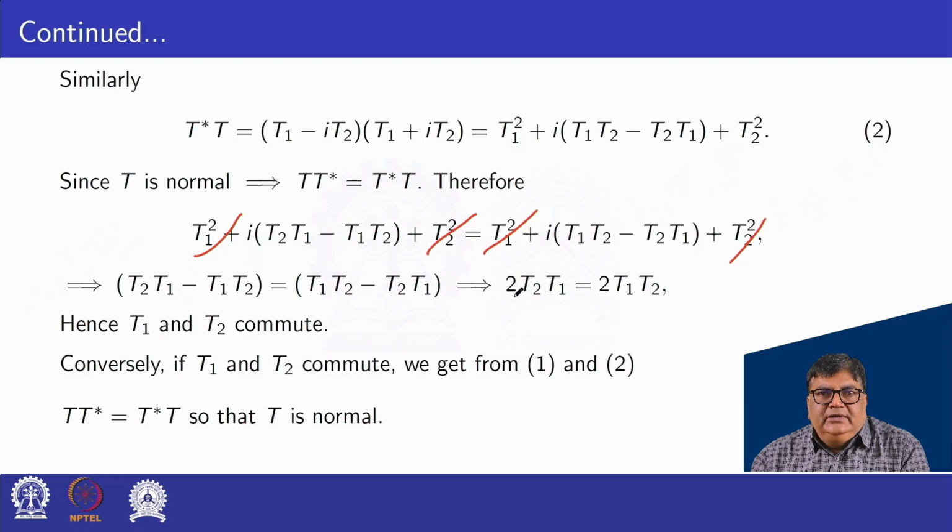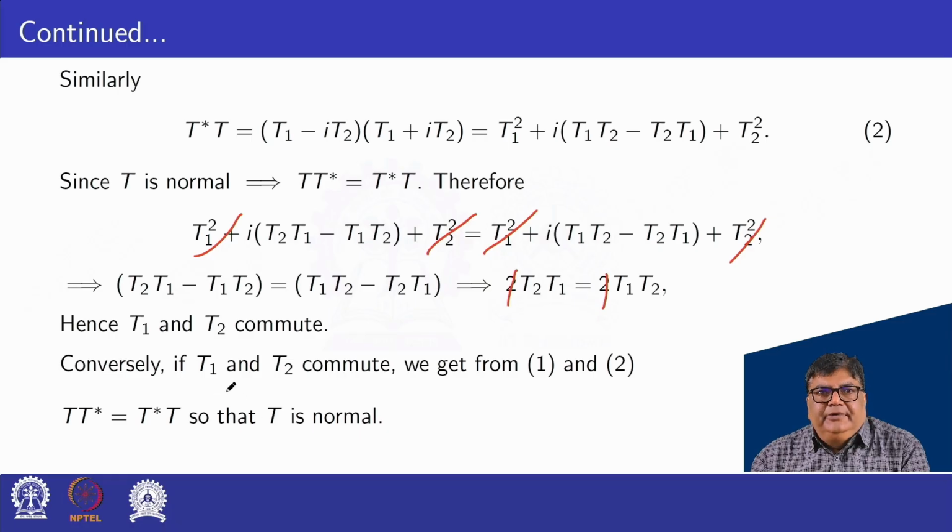This implies that, moving the terms, we have 2 T2 T1 is equal to 2 T1 T2. So 2 cancels out, and we have T2 T1 is equal to T1 T2. That is, T1 and T2 commute.